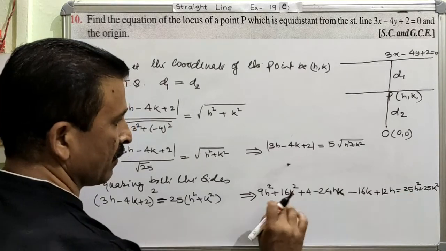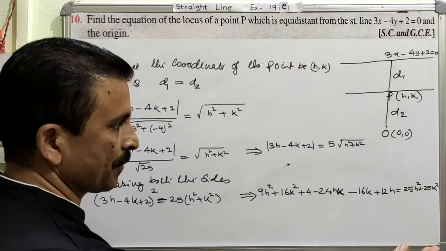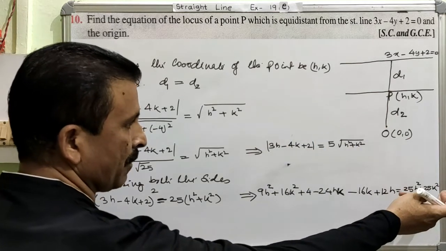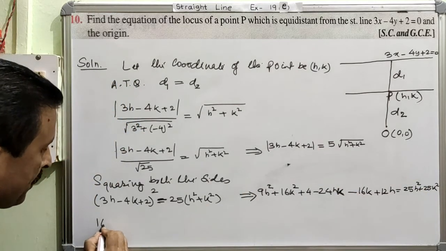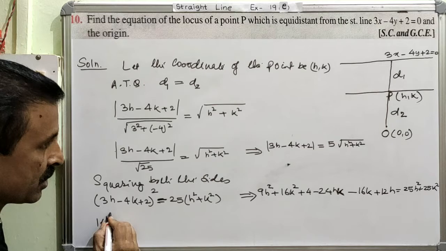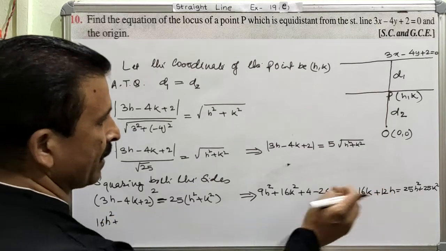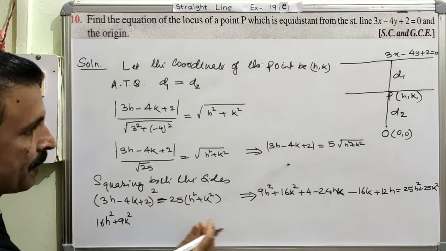So now when you take this all to the other side, the sign of all the terms will change, right? So now this is 25h square, and this goes to that side, will become minus 9h square. So 25 minus 9 will become 16h square, right? Then 25 minus 16 will become 9k square.